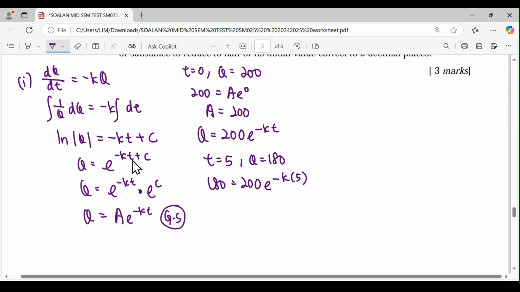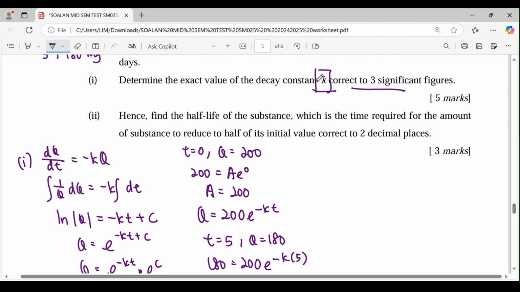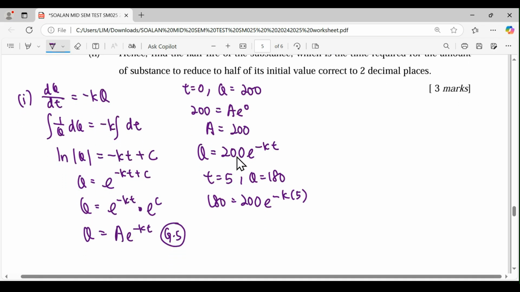So from here, we need to find out what is your constant k, and read the question. They say they want the exact value, find the value k and correct it to 3 significant figures. So simplify this. So it will be ln 9 over 10 equals negative 5k.